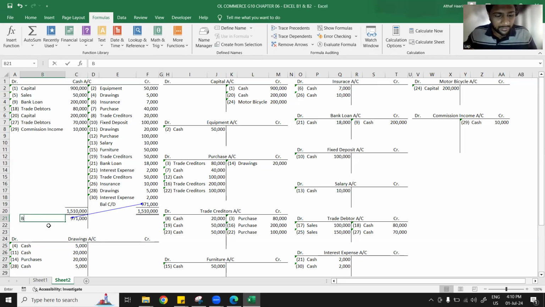Here you write balance BF. BF means brought forward, opening balance. This year's closing balance will be next year's opening balance. Balance CD, balance carrying down. Balance BF, balance brought forward, like opening balance.